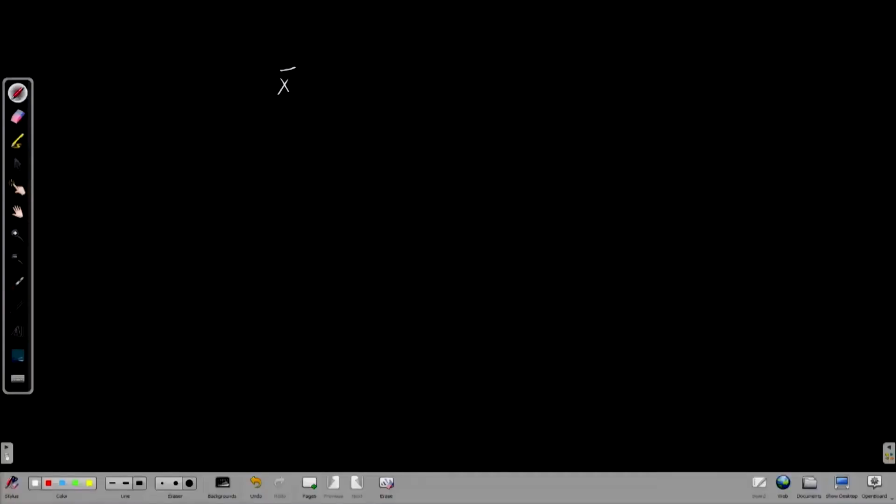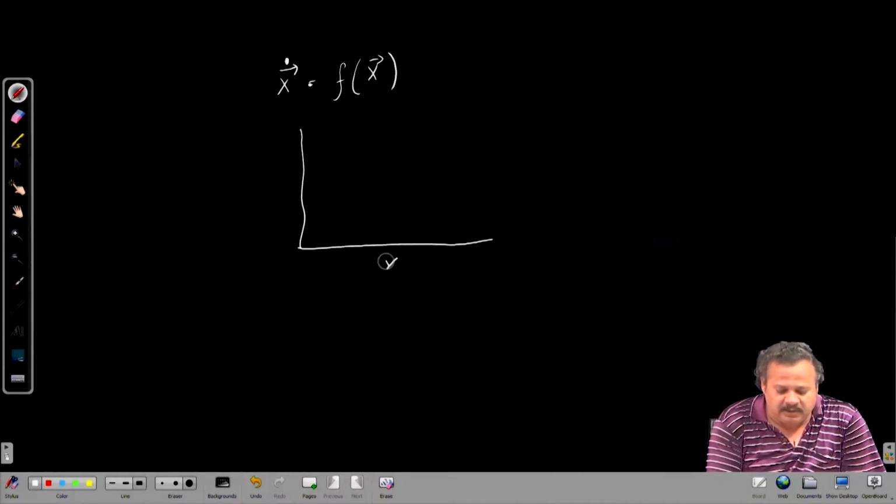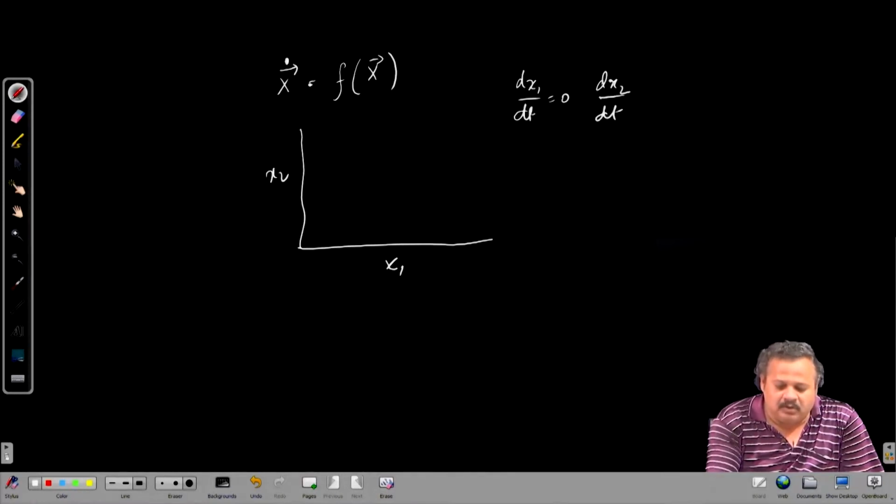A small recap: in the phase plane for a two-dimensional system of differential equations where x dot is some function of the vector x, we have one state variable x1, the other state variable x2. We have equilibrium points where dx1/dt equals 0 and dx2/dt also equals 0.